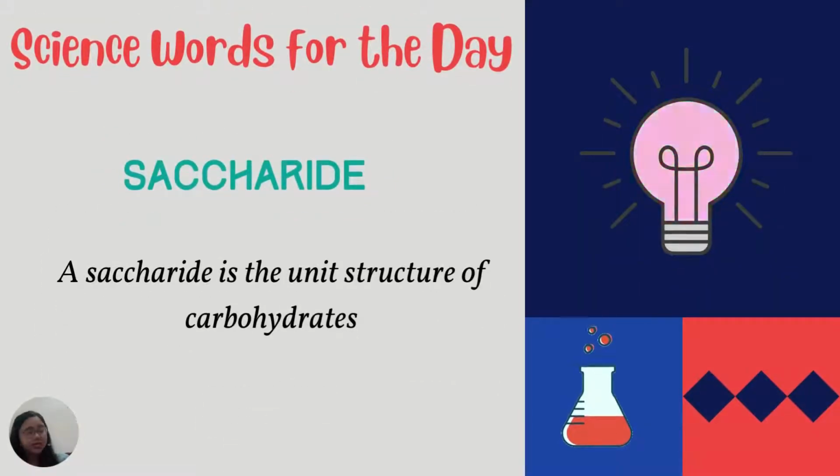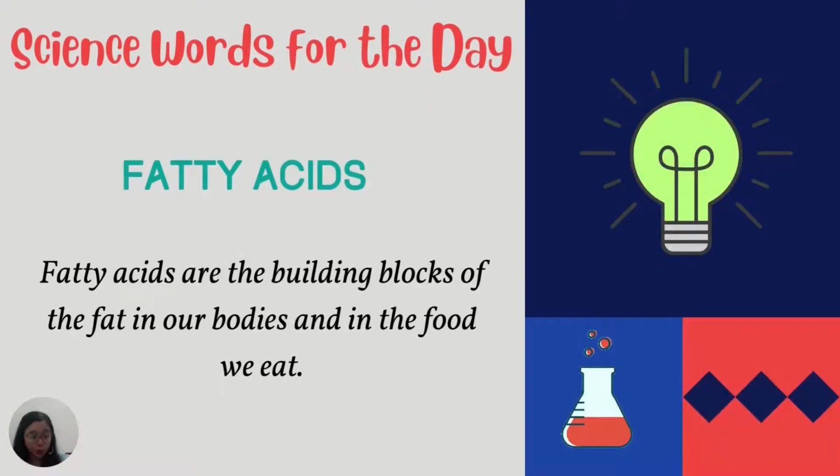A saccharide is the unit structure of carbohydrates, meaning the building blocks of carbohydrates are saccharides. The last science word for the day is fatty acids. Fatty acids are the building blocks of fat in our bodies and in the food that we eat. Those are the words that we will be using in our session for today.